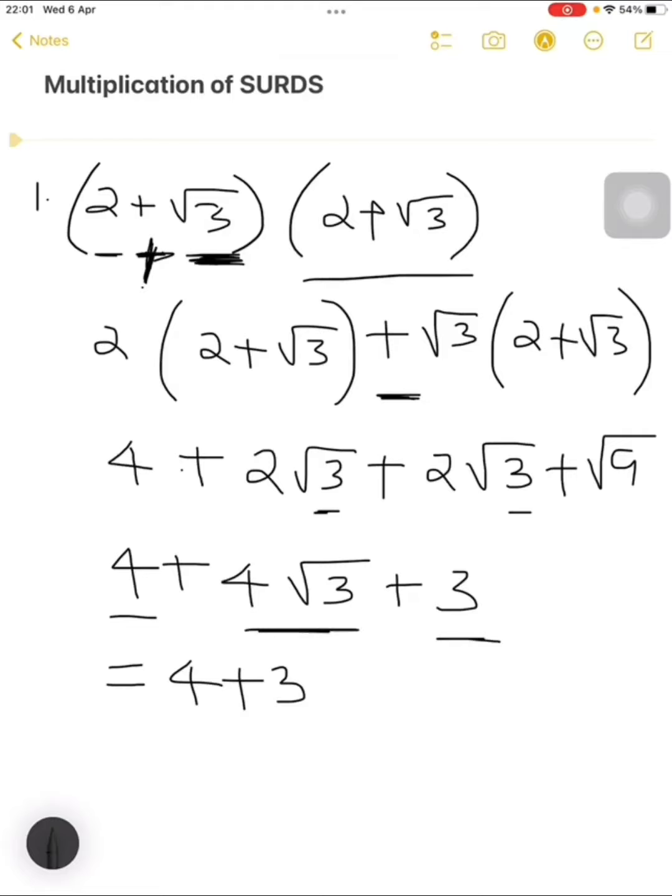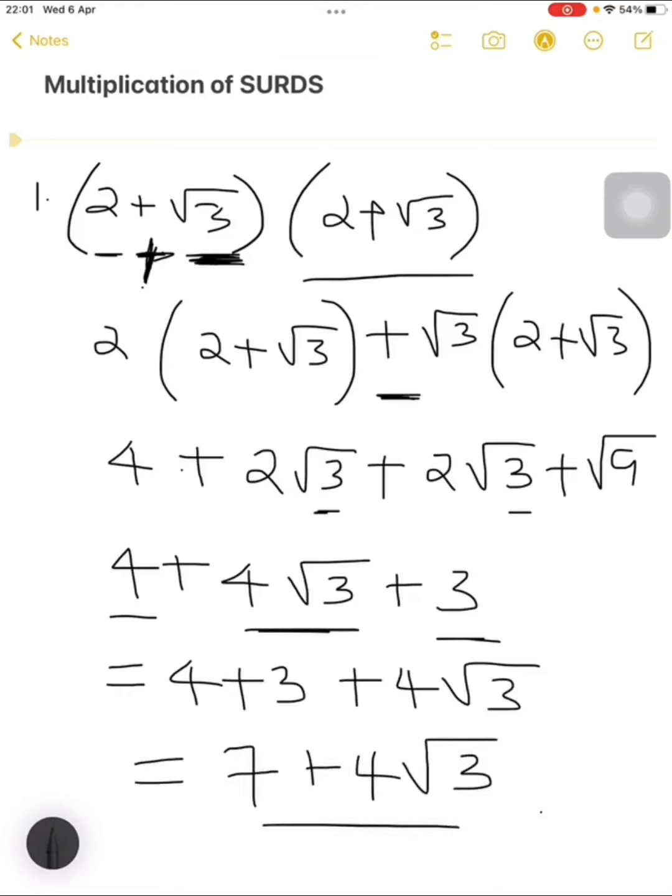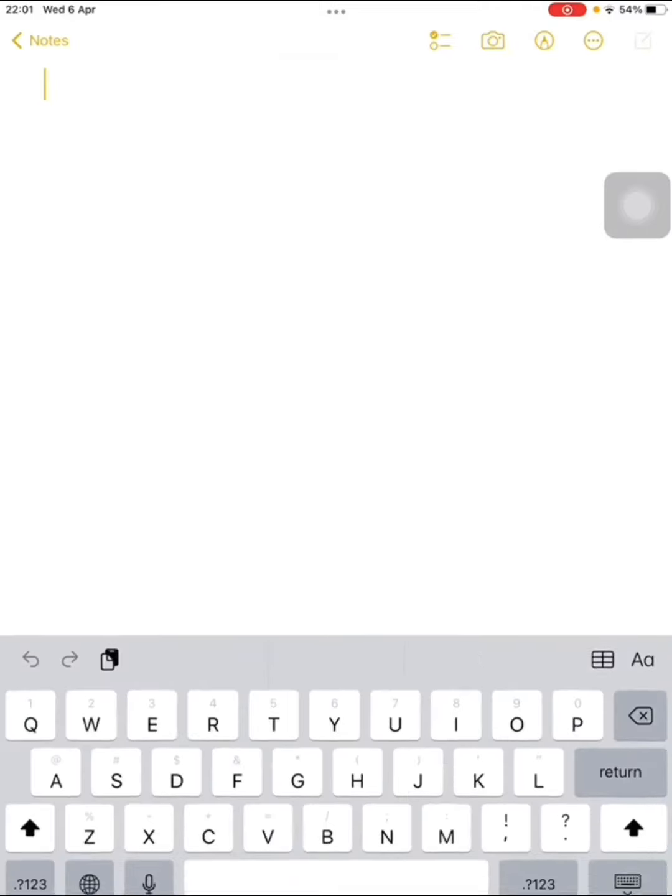This one you can't add with anything else because it has a root 3 and none of the other terms has a root 3. So this one remains on its own. Therefore, it equals 7 plus 4 root 3. And you are done with example number 1.